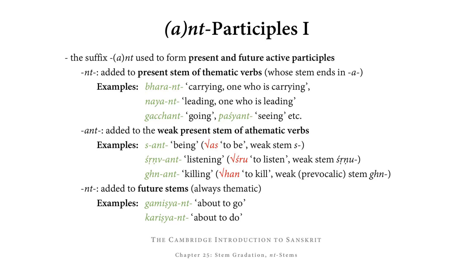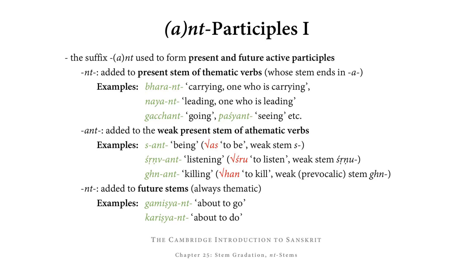Ant, on the other hand, is added to the weak stem of athematic verbs to form the present active participle. And so we get from as, the weak stem s. To that we find ant added, and so we get the present active participle sant, being. From shru, to listen, we get the weak stem shrnu.